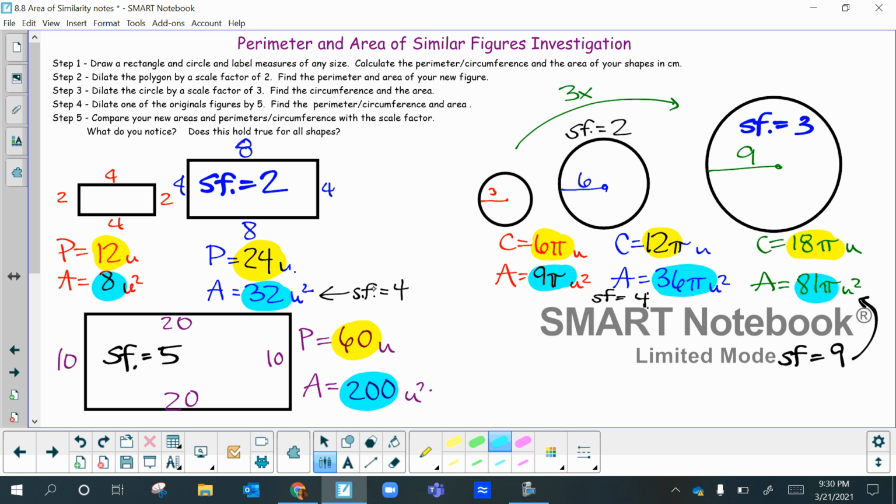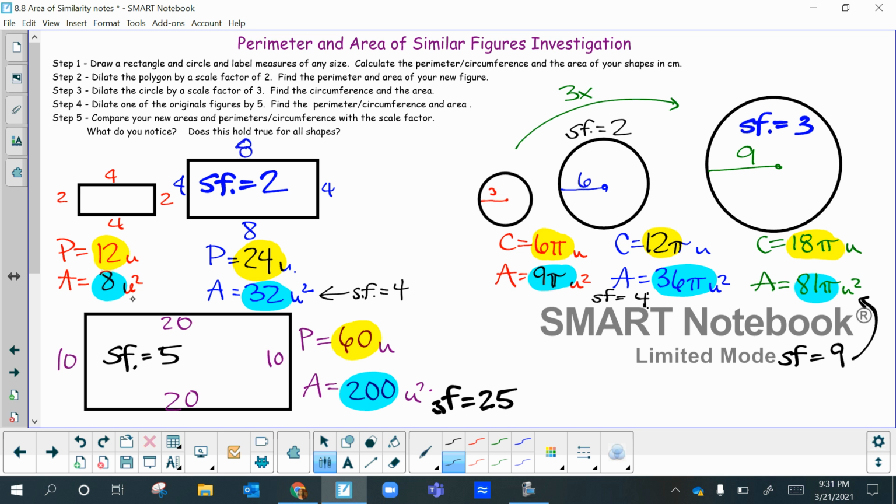The area scale factor was 4 when it was 2. It was 9 when it was 3. So if this one was 5, guess how many times bigger it got for this one? The area scale factor for this one is 25. It got 25 times bigger. It went from 8 all the way to 200. And 8 times 25 is 200.